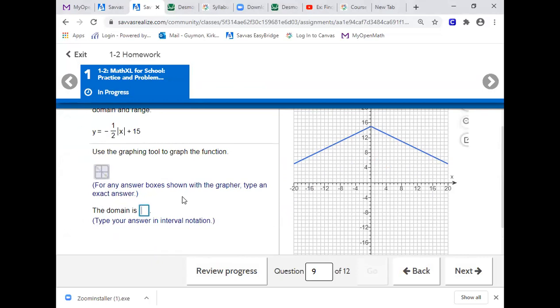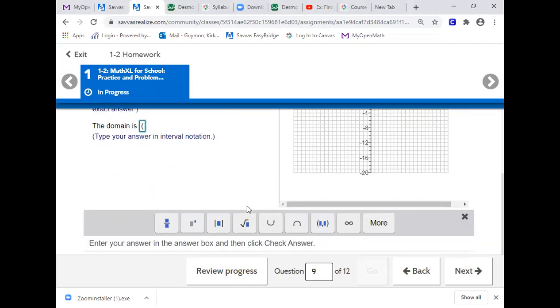So like when you click in here, I'm supposed to do interval notation. Like right now, I need the negative infinity, right? So a negative, and I have the infinity down here. Now, one time I thought when I did this, I needed to use these parentheses. I swore when I used the keyboard parentheses and typed the exact same thing, it didn't work.